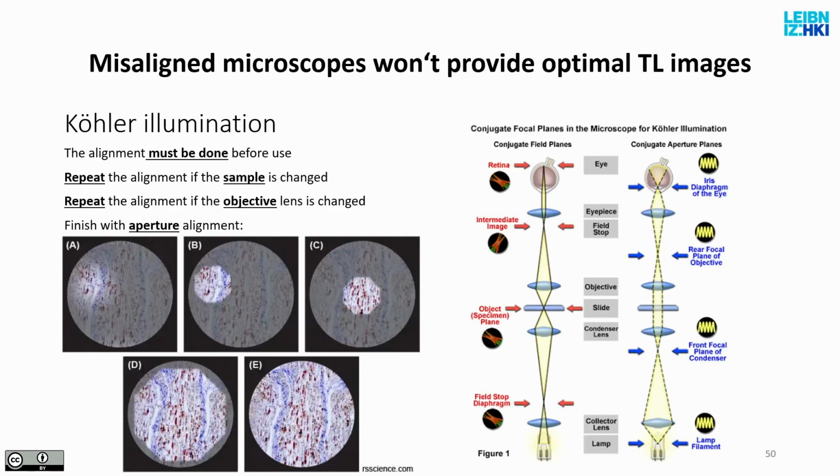For all of them, it's absolutely important that you align your microscope. As you can imagine, you have a light source, as we saw it before. You have a condenser lens, you have a sample, and then you have the objective lens, and then you have the detector. If these optical elements are not lined up, then your image formation will naturally suffer.